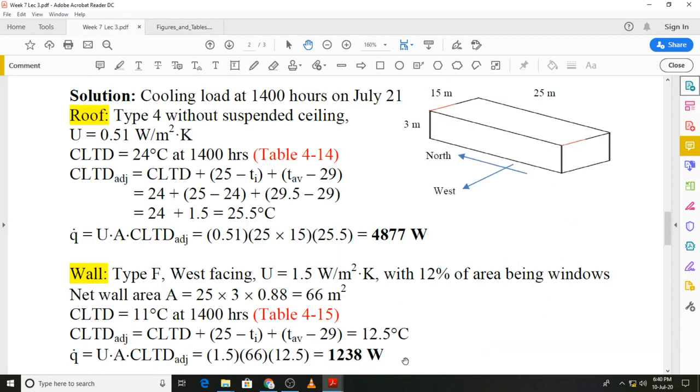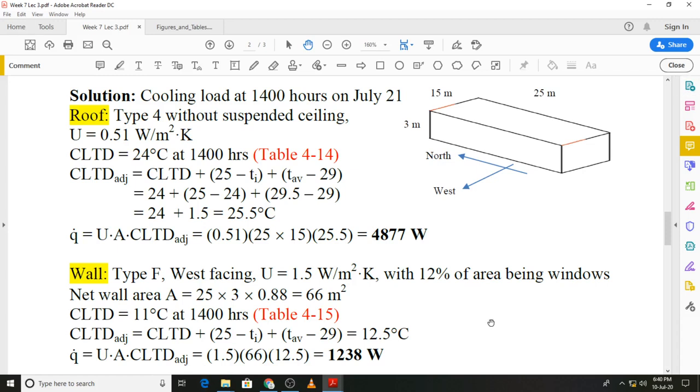So you can see that the heat gain through the wall is 1238 watts. The net area, remember, we have to use the net area. If there is any window or door in the wall, we have to subtract that area, and then the net area of the wall will be used in this equation.